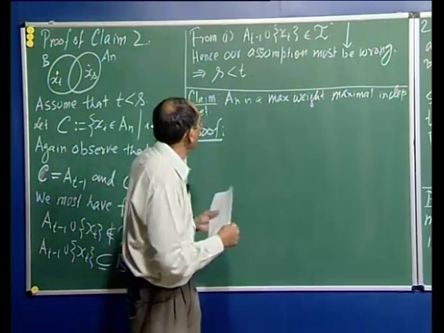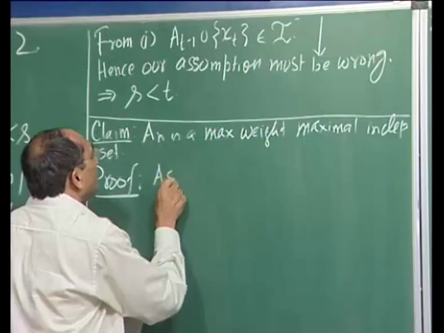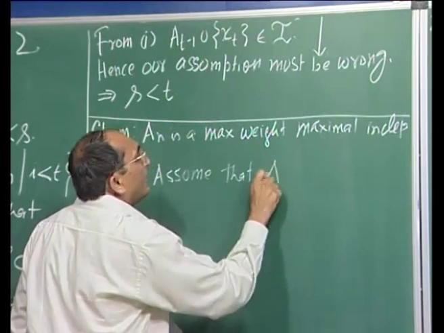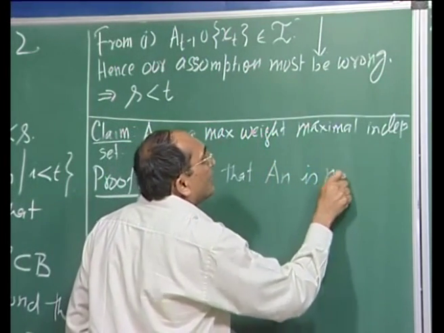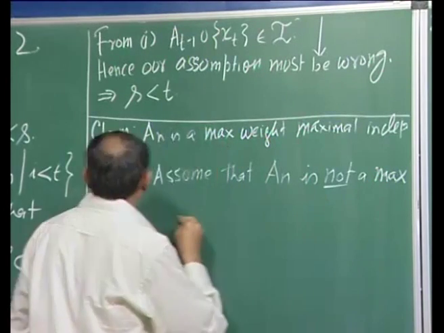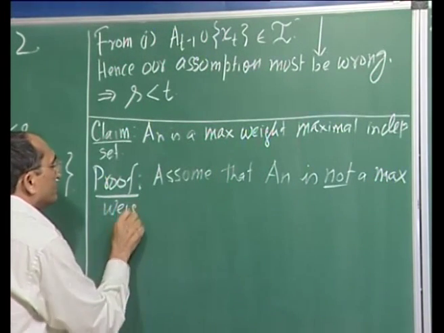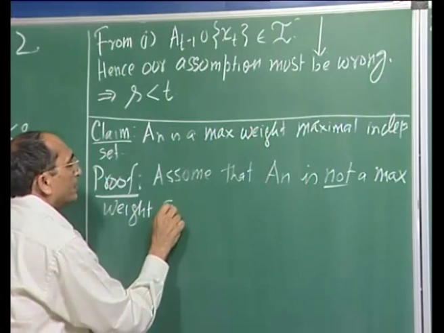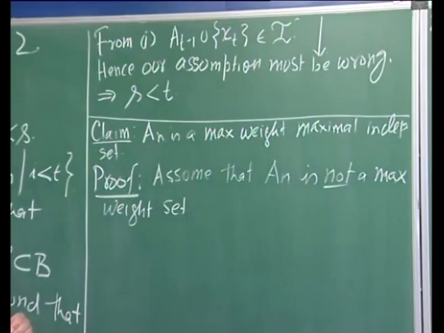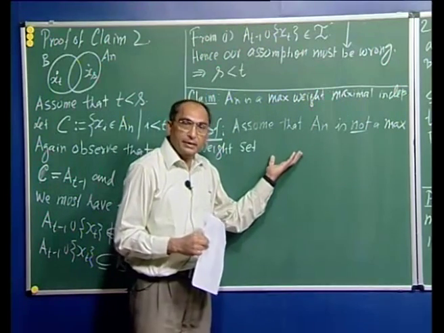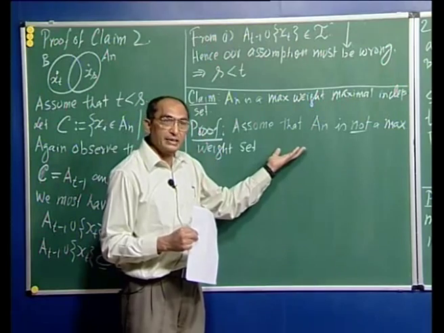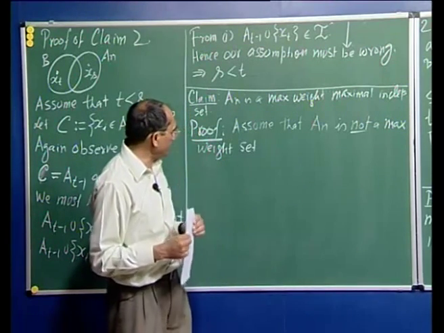So, let us assume that A n is not a max weight set. So, there has to be at least one maximum weight maximal independent set in the collection.